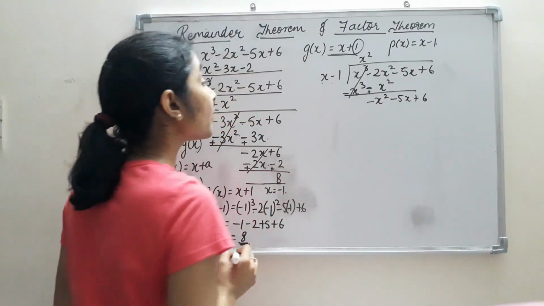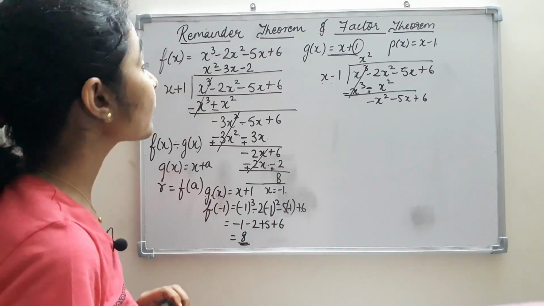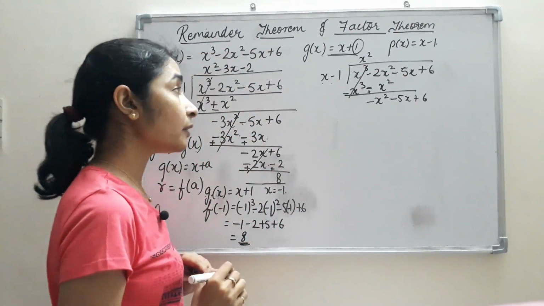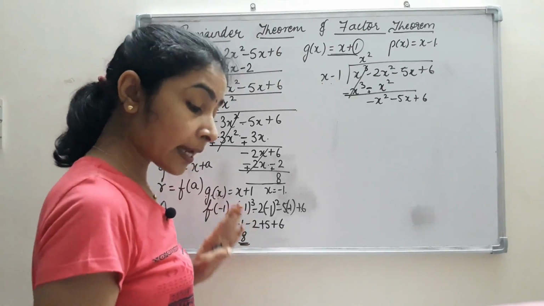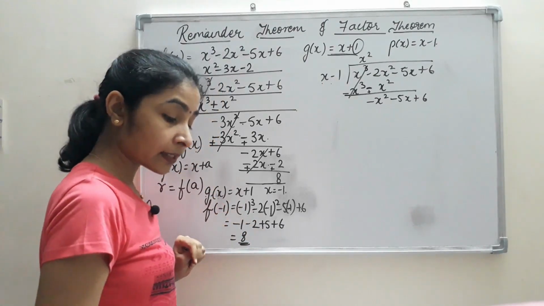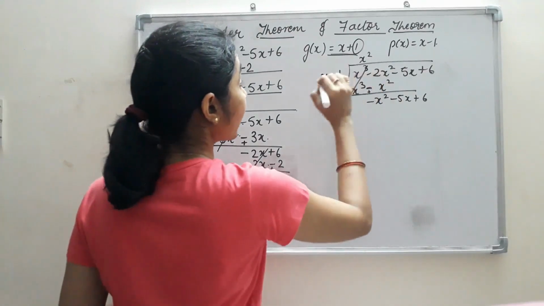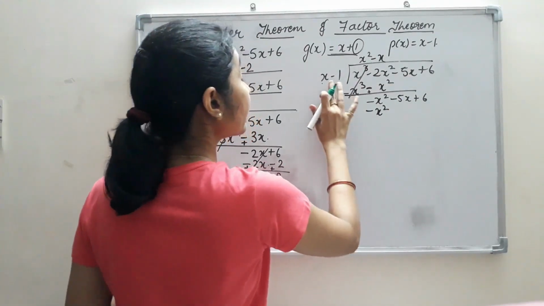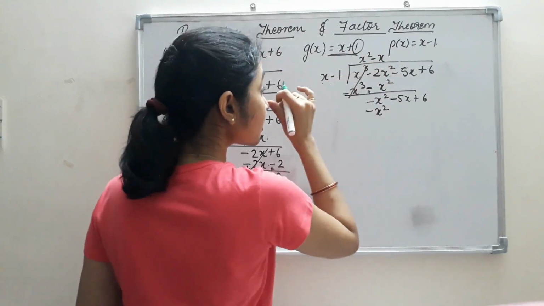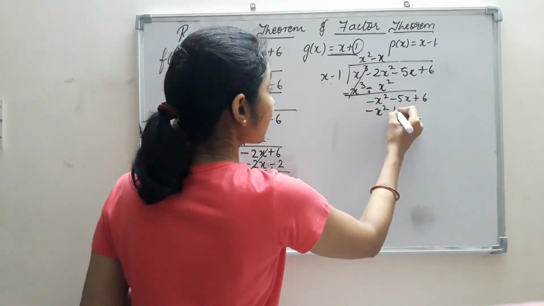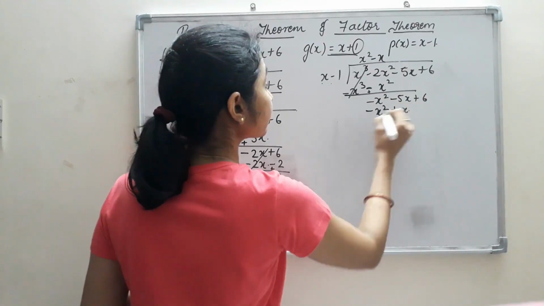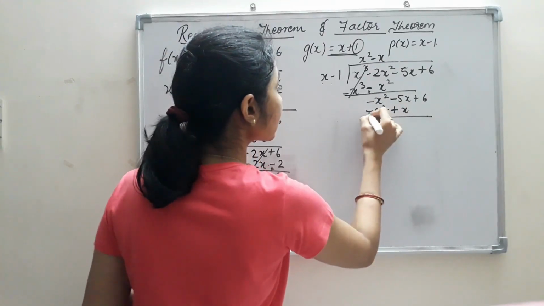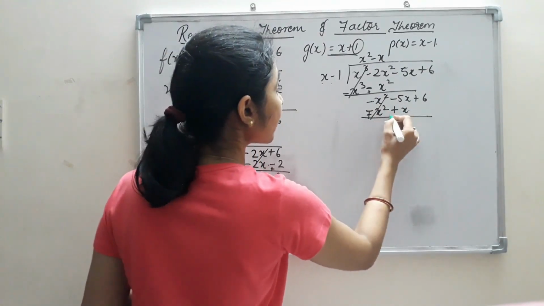I need minus x square, so what should I multiply to x to get x square? I multiply by x, and minus 1 into x gives me positive x.